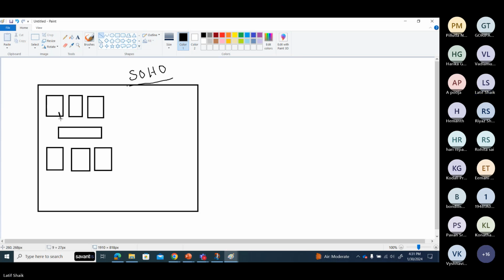So I'm accessing it from within the LAN only. I don't require any internet connectivity to communicate from here to here. I can communicate directly. No need of internet. This is my LAN connectivity.